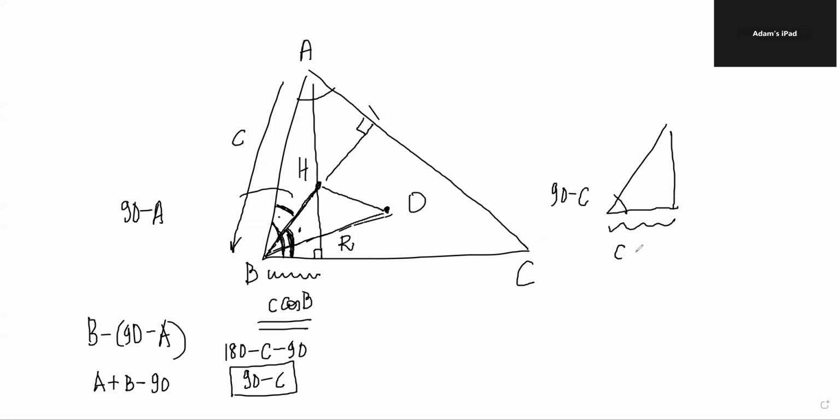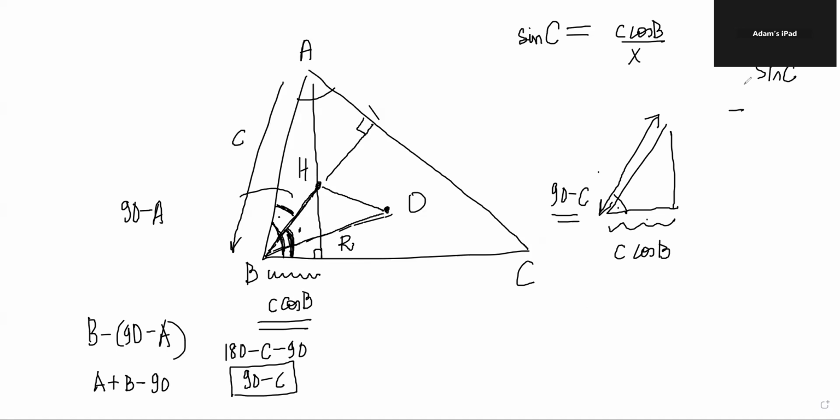And I know this is C cos B, right? So I can find this now. How do I find it? I do cos of 90 minus C, base by hypotenuse. Sin C, cos of 90 minus C is sin C, which is equal to C cos B by X, right? So X is equal to C cos B by sin C. And by sine rule, A by sin A is equal to B by sin B is equal to C by sin C is equal to 2 capital R, right?